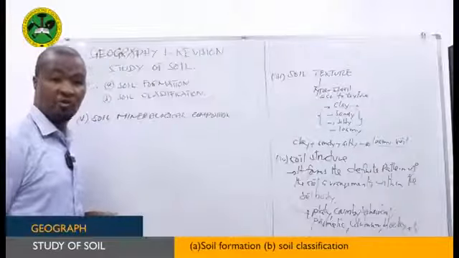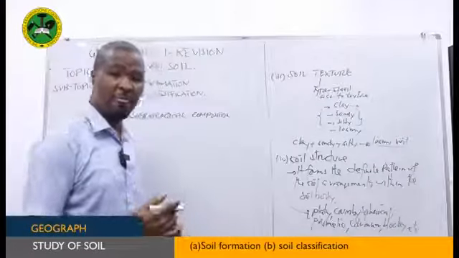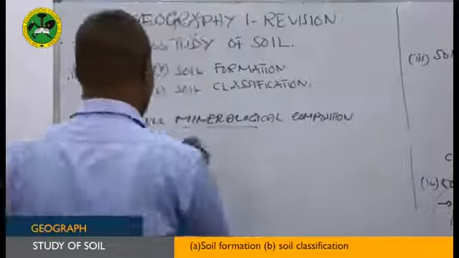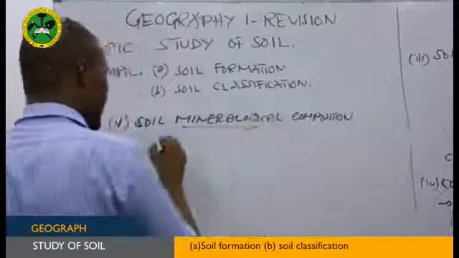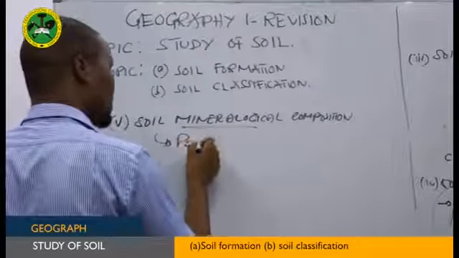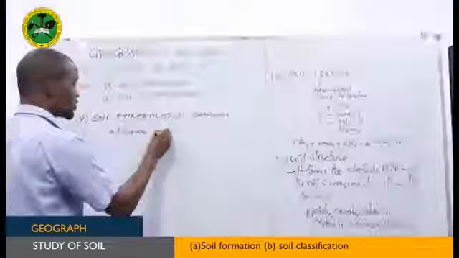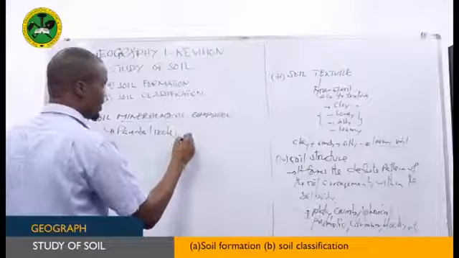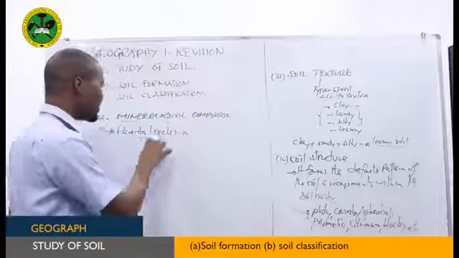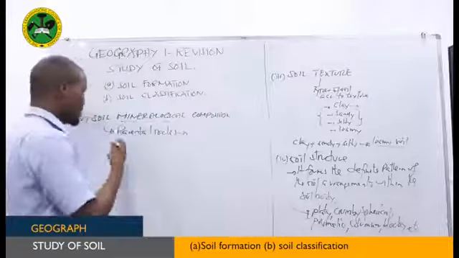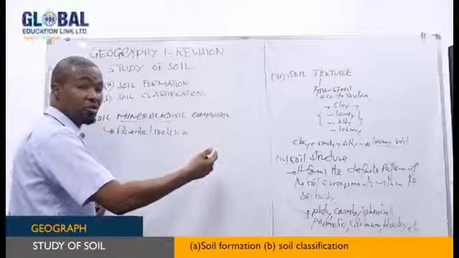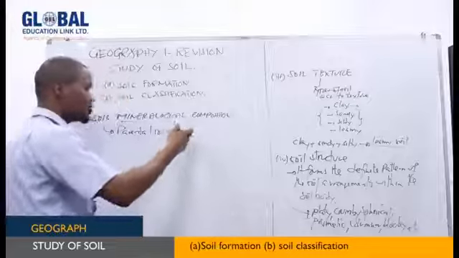See, for soil to be more productive, it depends on the amount of minerals the soil is composed of. The amount of minerals depends on, or originates from, the parent rock. So if the parent rock was made up of many minerals, then we say the soil is made up of more minerals. If it has more minerals, it means the soil will be more productive.